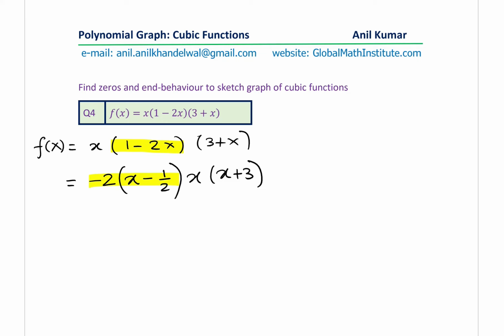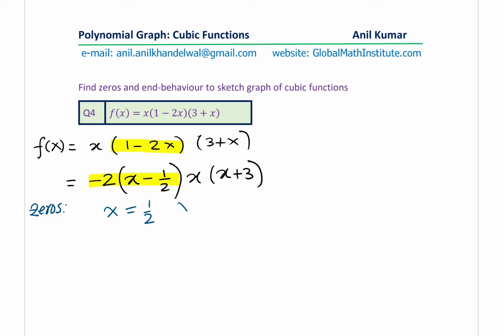Once you do that, then you write down all your x-intercepts. So in this case, we are calling these x-intercepts zeros, right? Zeros and x-intercepts, what is the difference? Well, we learned that zeros also define the behavior of the curve. Okay, so that gives you one zero at x equals half.